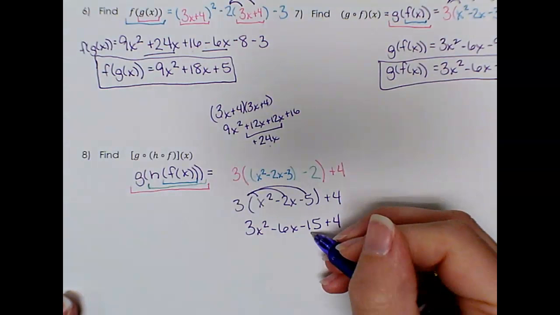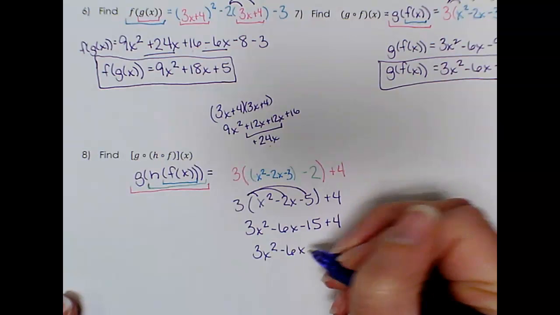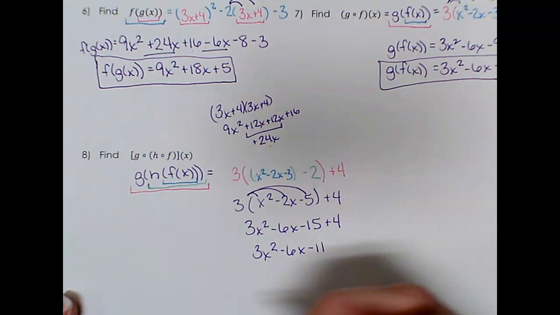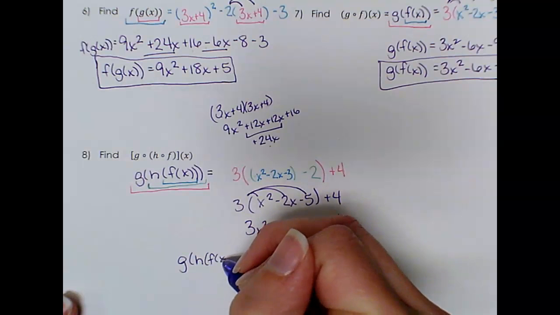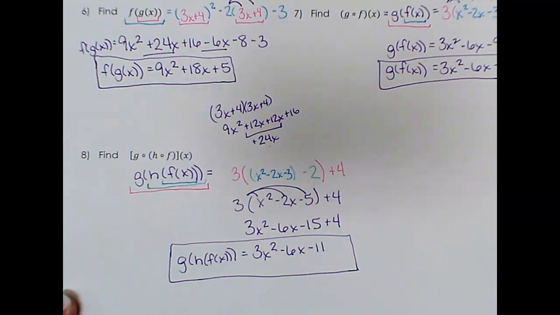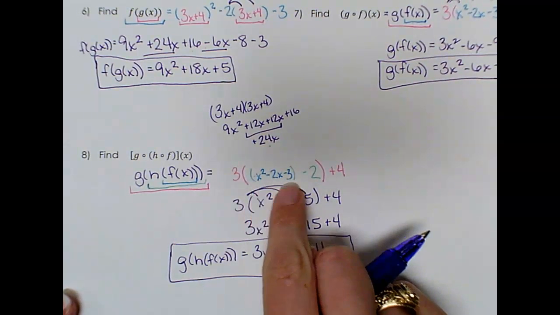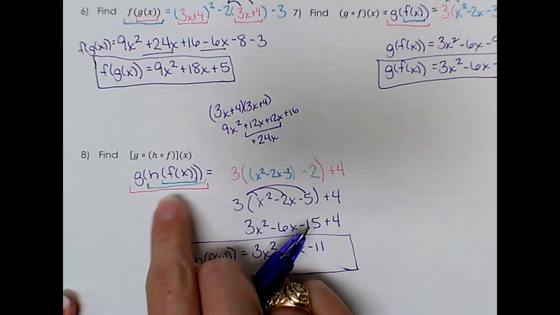And then finally, negative 15 plus 4 will give us 3x squared minus 6x minus 11. And this is the composition g of h of f of x. So notice we have the f function inside the h function inside the g function, just like it lists here.